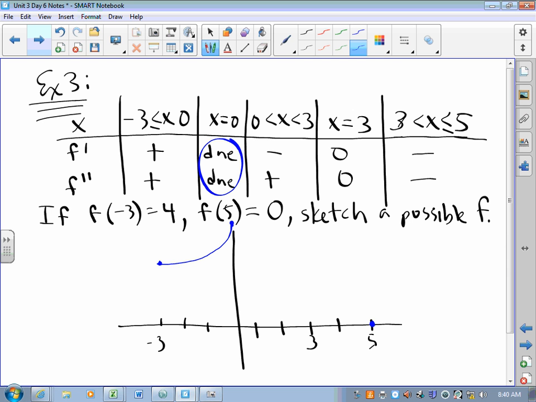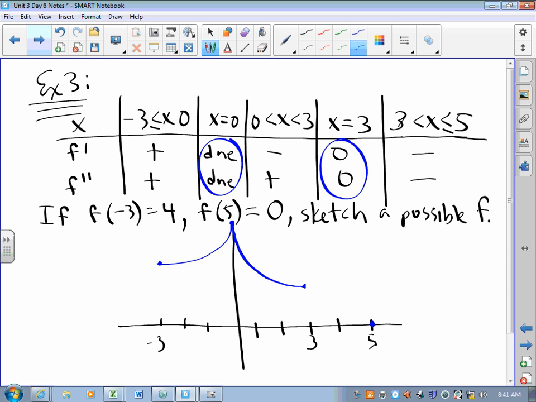Then between 0 and 3, f prime is negative and f double prime is positive, which means that my function is decreasing and concave up. So we're decreasing and concave up to here. And we're approaching a flat tangent because at x equals 3, the function's derivative is 0 and its second derivative is 0.